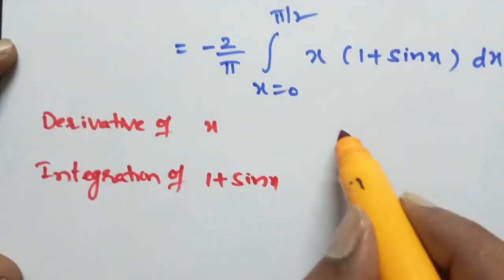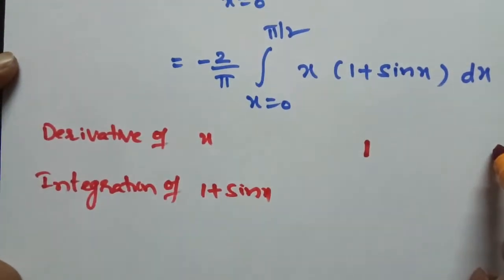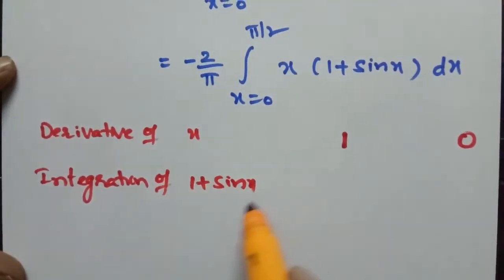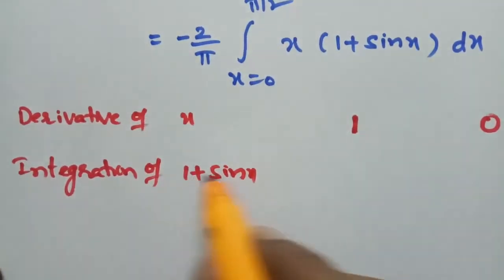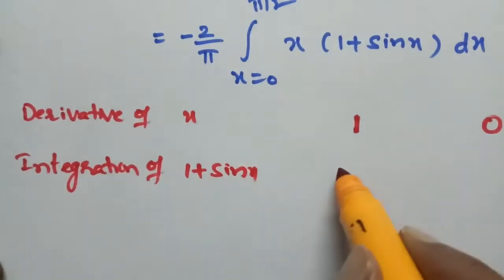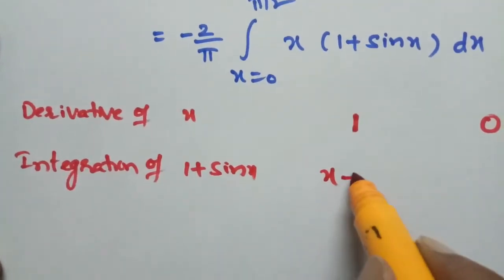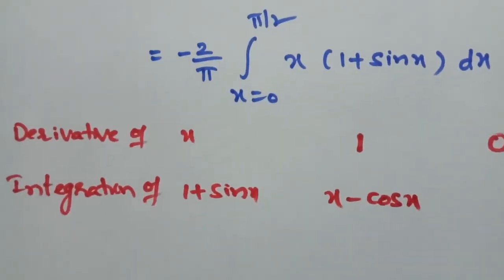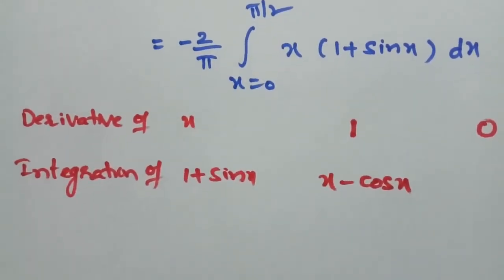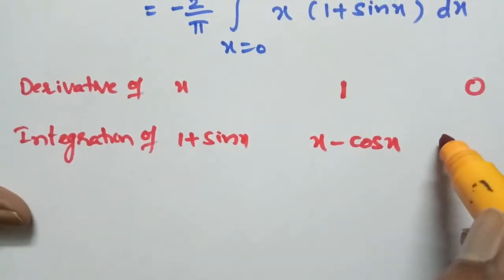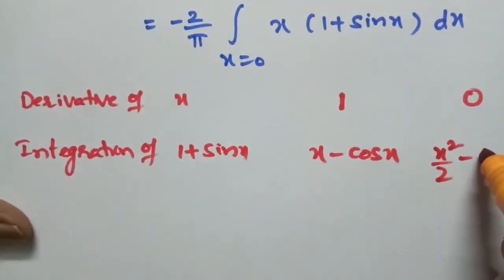Therefore, derivative of x is 1 and derivative of 1 is 0. Integration of 1 plus sin x: integration of 1 is x, integration of sin x is minus cos x, and integration of x is x square by 2, minus integration of cos x, that is sin x.